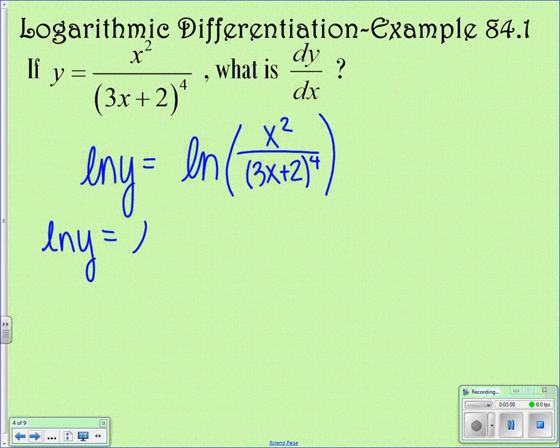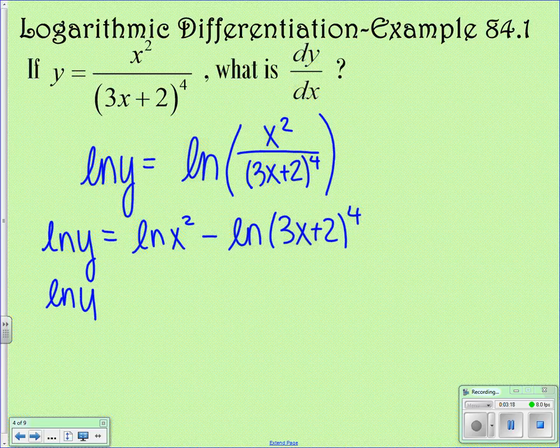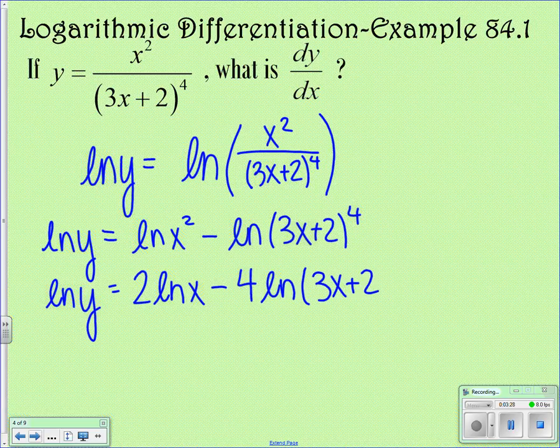Well, we can make it the ln of x squared minus the ln of (3x plus 2) to the 4th. That's using a property where if you are dividing, you can split them apart and subtract them. Then we're going to take the powers from both of them and move them to the front. So we're going to have 2 ln of x minus 4 ln of (3x plus 2).